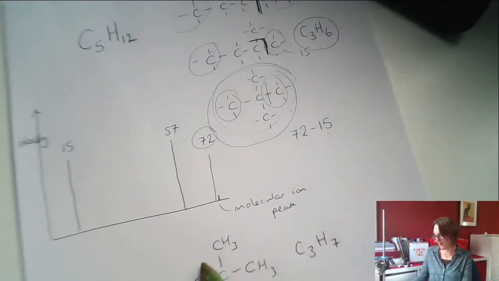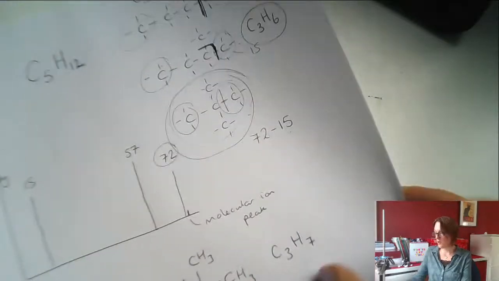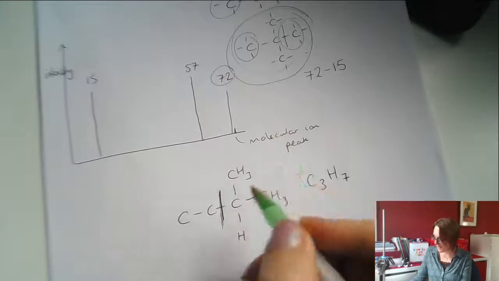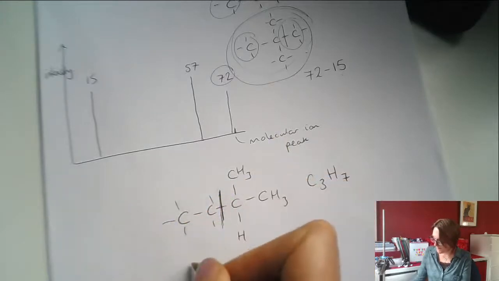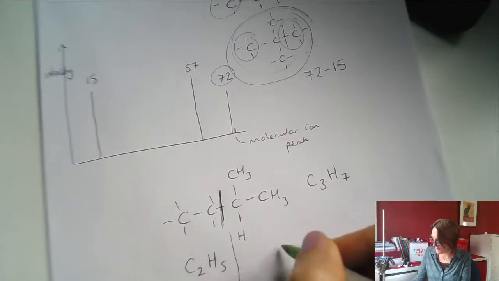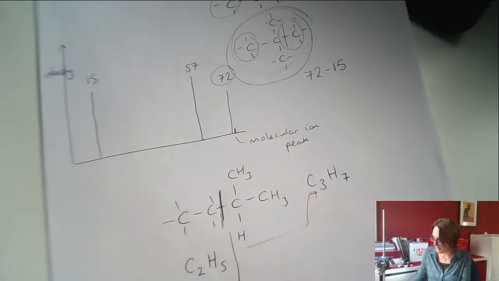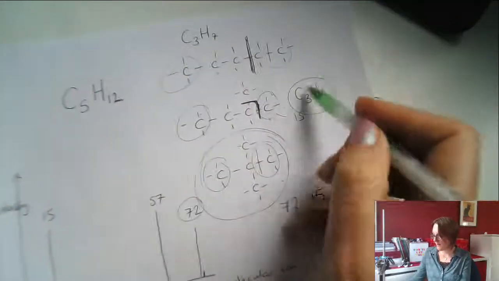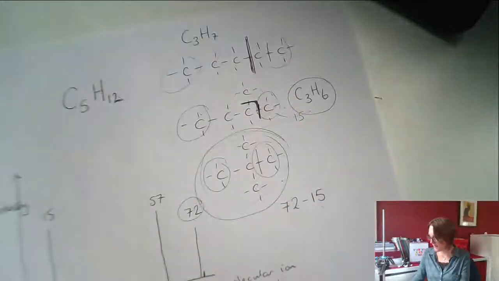So if I cut here, then this would be C2H5, and this bit here would be C3H7. So that's both of the straight chain and the methyl butane can make that.